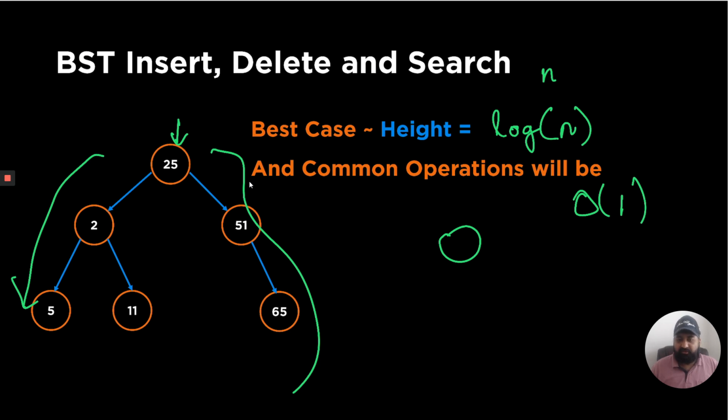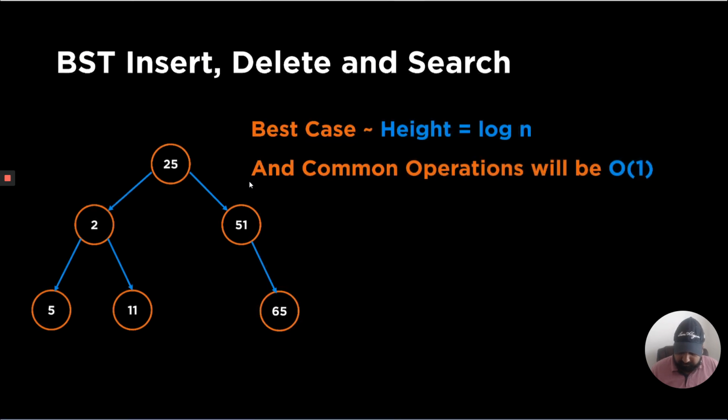Similarly, when we are trying to delete an element and there's just one node in the tree, it's going to be O of 1, because we do not have to search anything. We just found the first element right there. So in the best case, the height is proportional to log n, while in the worst case, height is actually equal to n. So it's all height that we are concerned about.